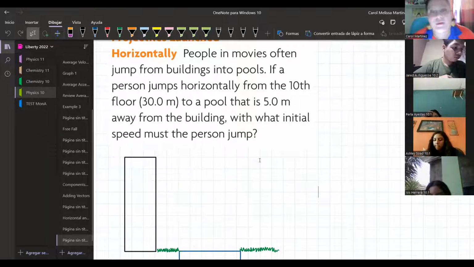There you go. So there is a stuntman, okay, that is going to do an action scene.